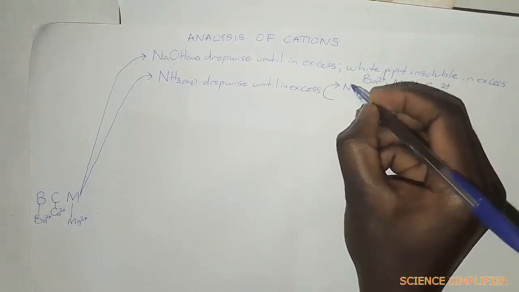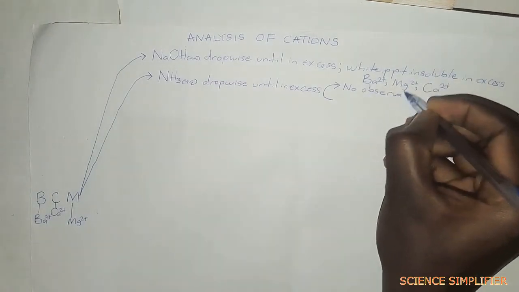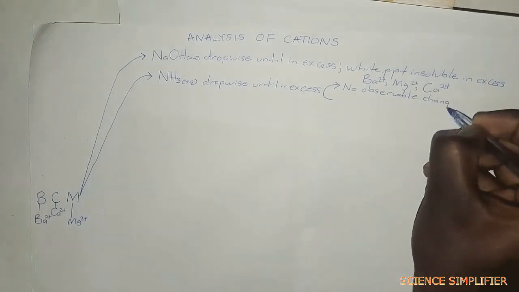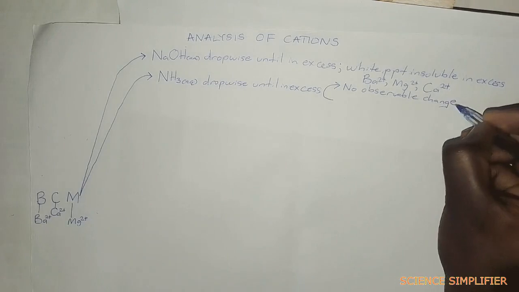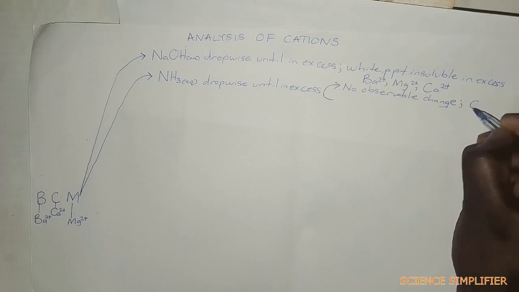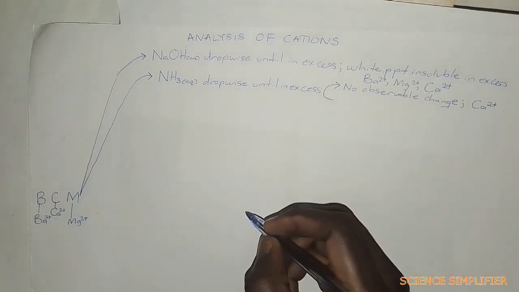The first one, we can have no observable change. The moment you obtain no observable change, just know you are dealing with calcium ions.